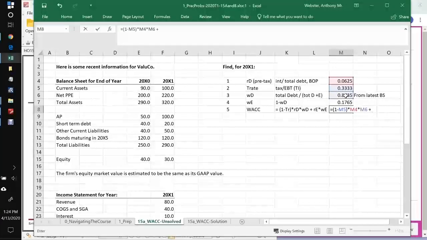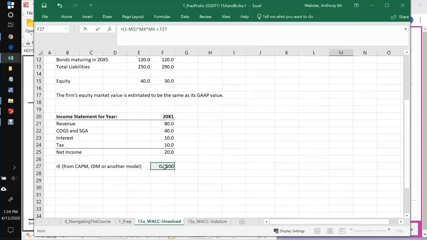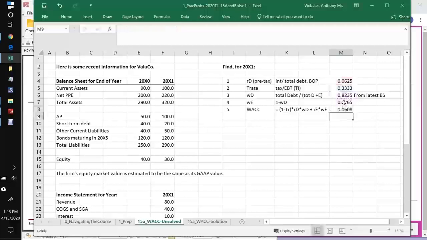And now we come over to the equity side, and we'll pick off our equity cost of capital, and we want the weight of the equity, and there we go. And I think we got it there. So they have about 6.1% weighted average cost of capital here. So that's the story for them.